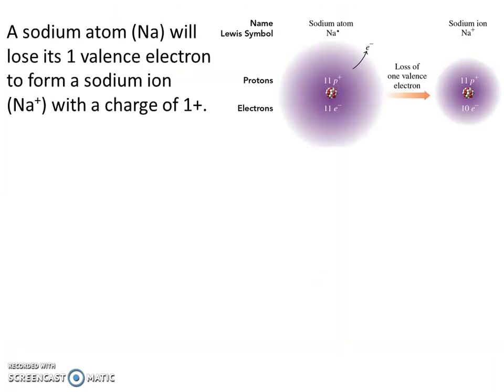So what happens is a sodium atom, for example, will lose one of its valence electrons and it will form a sodium ion, the sodium 1 positive that we saw a few slides ago, and it has a charge of 1 positive.